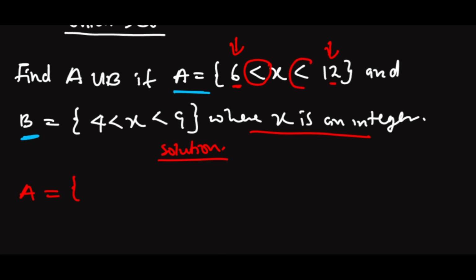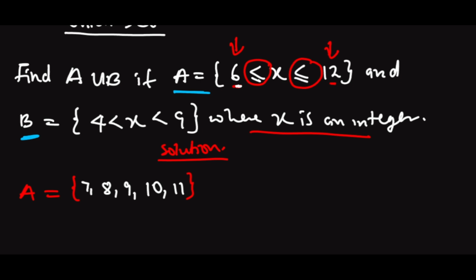This one too has no equal to under it, like this. If there was an equal to like this and like this, then these numbers are going to be included. But we don't have anything like that. So we start from 7 to 11. So A is going to be 7, 8, 9, 10, and 11.